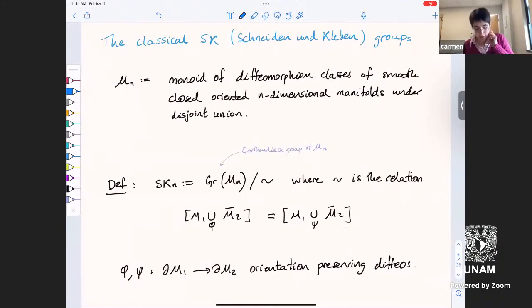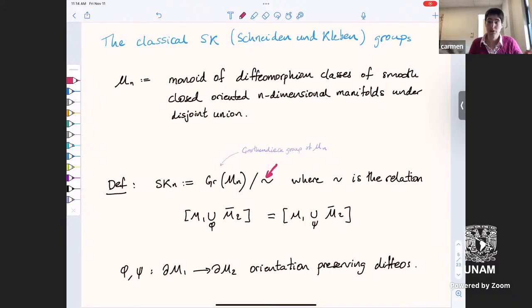Okay. So now this formalizes nicely into a notion of cut and paste groups. First of all, you have a monoid of diffeomorphism classes of smooth, closed, oriented, n-dimensional manifolds. That's a monoid under disjoint union. Then you take the Grothendieck group and quotient by the cut and paste relation.